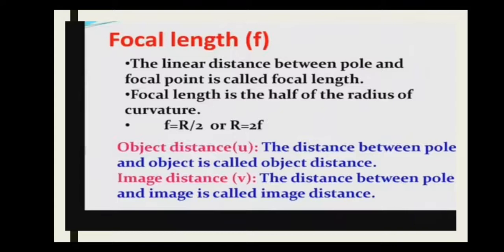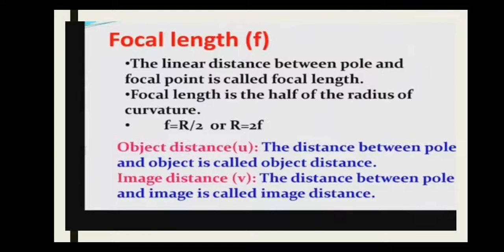That is, f is equal to r by 2. Therefore r is equal to 2f. You know the relationship between the focal length and radius of curvature: f is equal to r by 2, then r is equal to 2f.